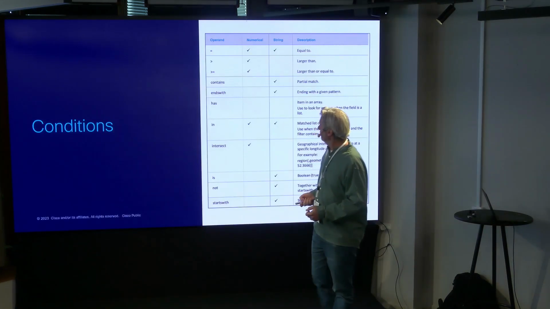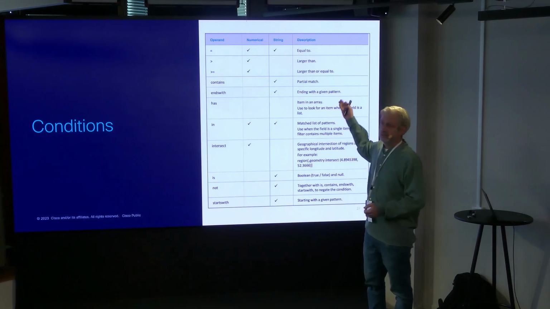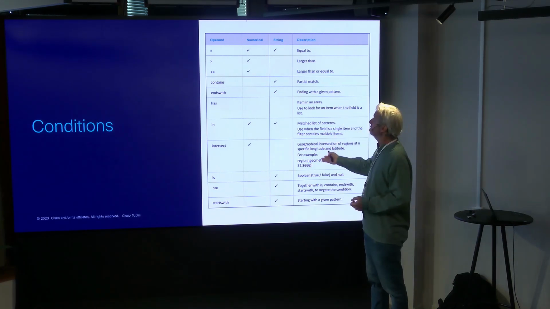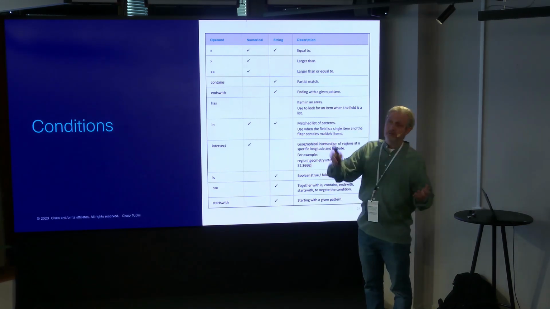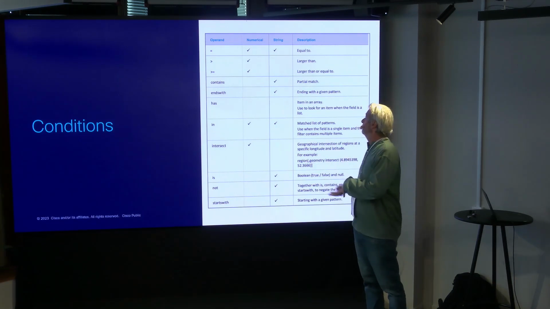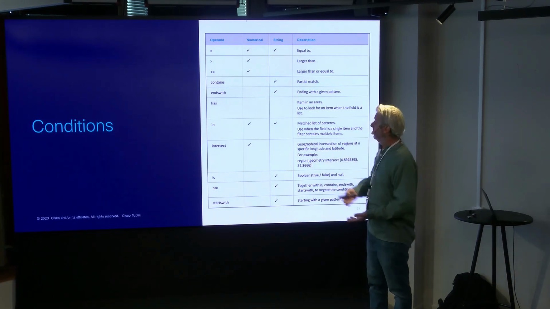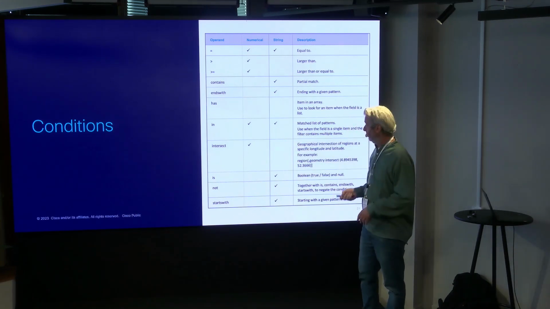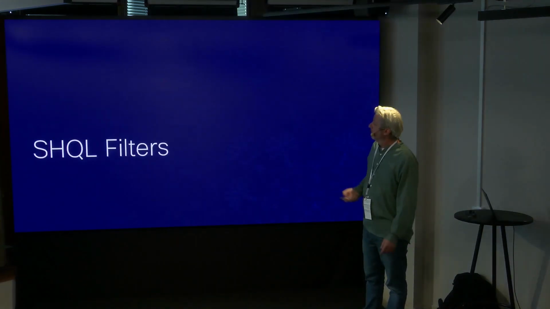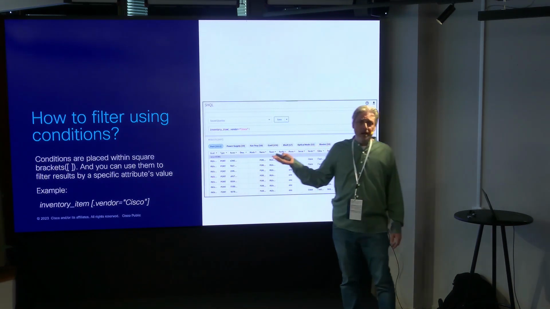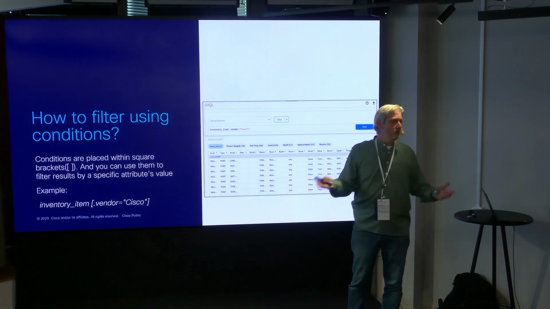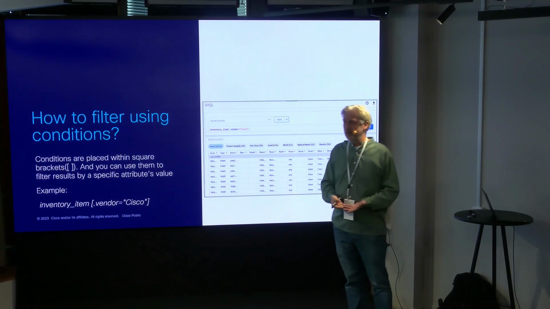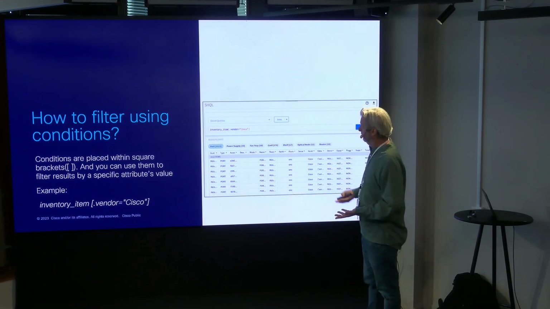So, conditions. SHQL supports many different conditions, as you can see. Some are for numerical values, some are for strings. You can also search inside arrays, groups, and so on. So how can we use the conditions to filter our information?